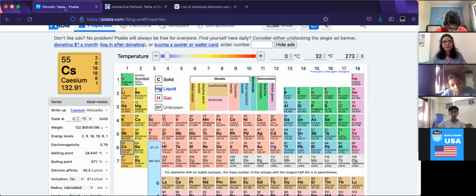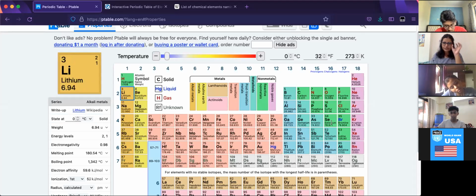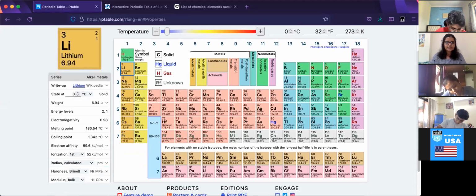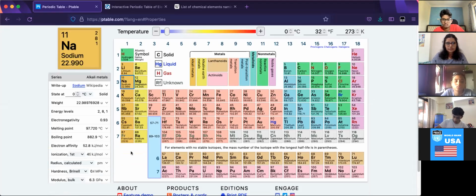Okay. So the reason for that is that when you go from top to bottom in a group, you will observe shielding effect. As there are more inner electrons, the shielding effect is observed. So you can see here, lithium is 167, sodium is 190. So what is the difference between 167 and 190?